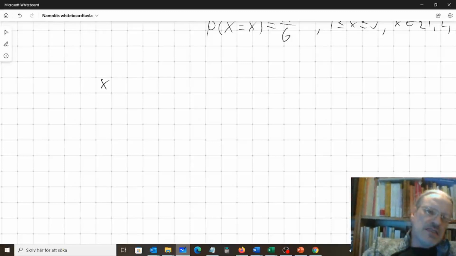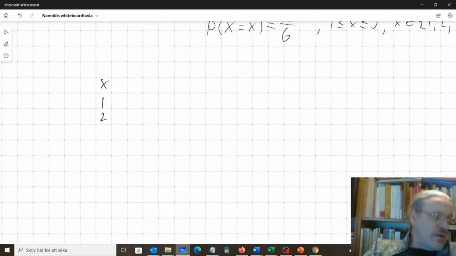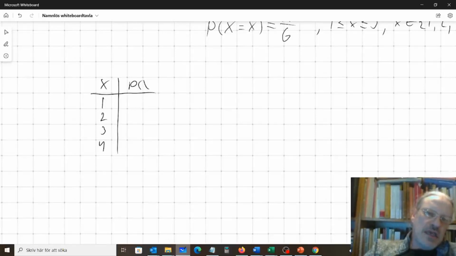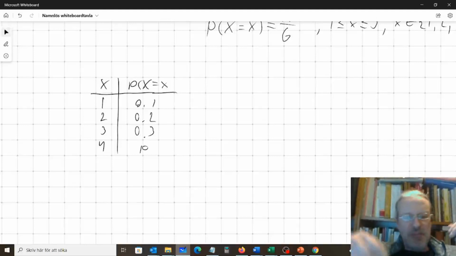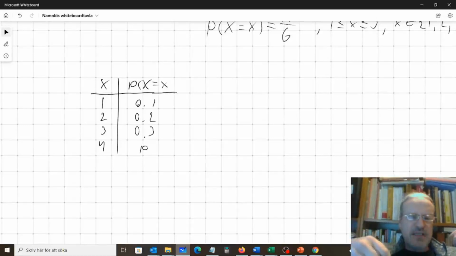Let's say x could be, say, 1, 2, 3, or 4, and the probability that capital X equals this small x is say 0.1, in other words 10%, 0.2, 0.3, and some probability p. So suppose we should define this value p.